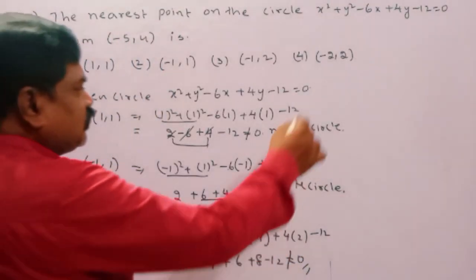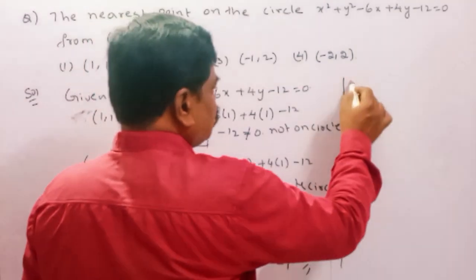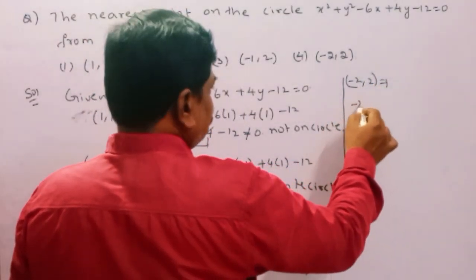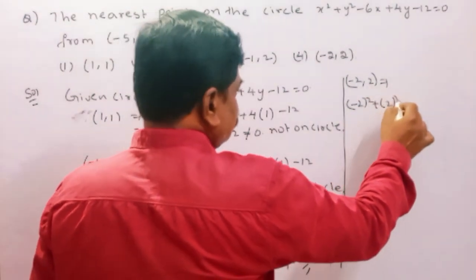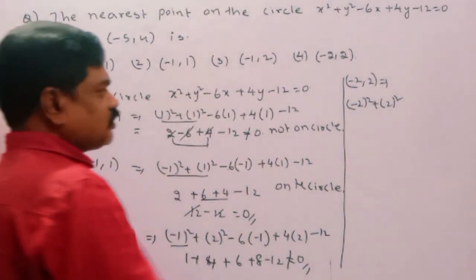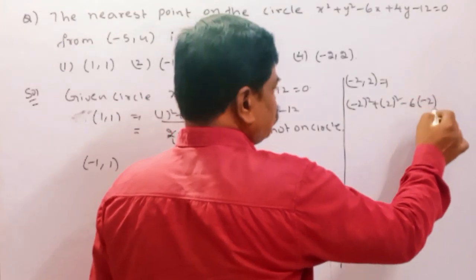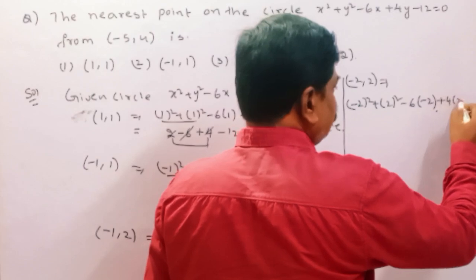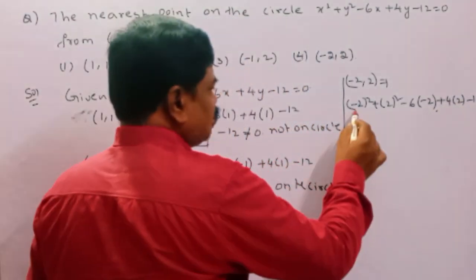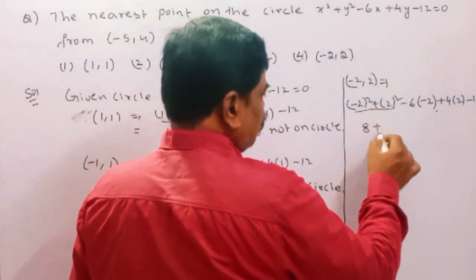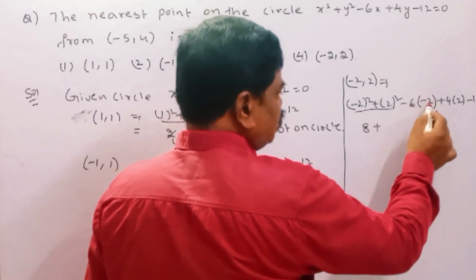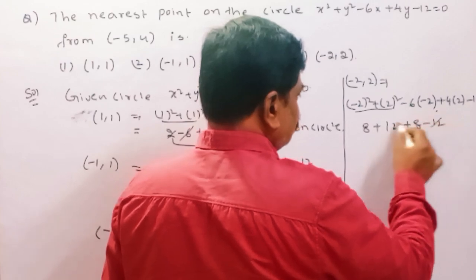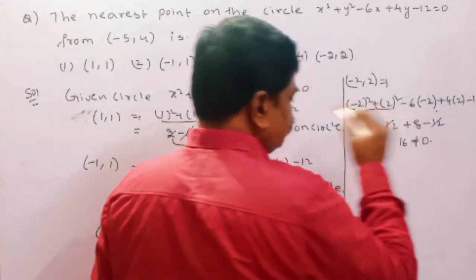Then we have to check this one, (−2, 2): (−2)² + 2² − 6(−2) + 4(2) − 12 = 4 + 4 + 12 + 8 − 12 = 16, which is not equal to 0.